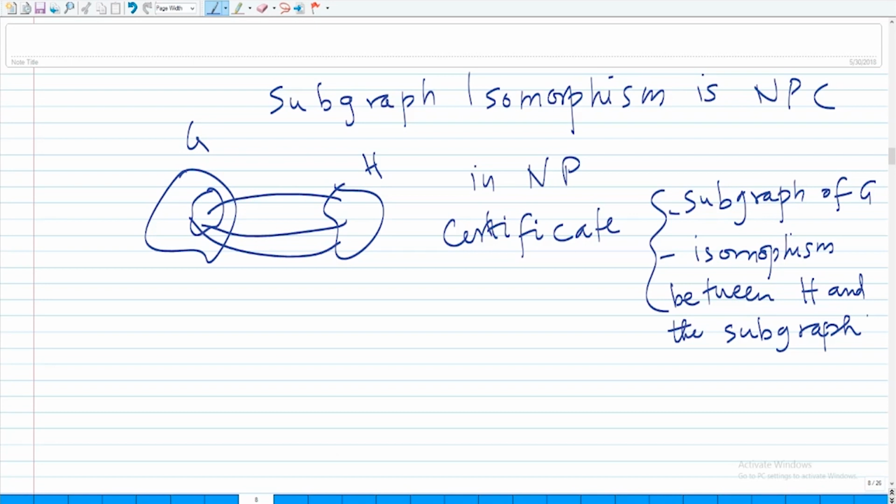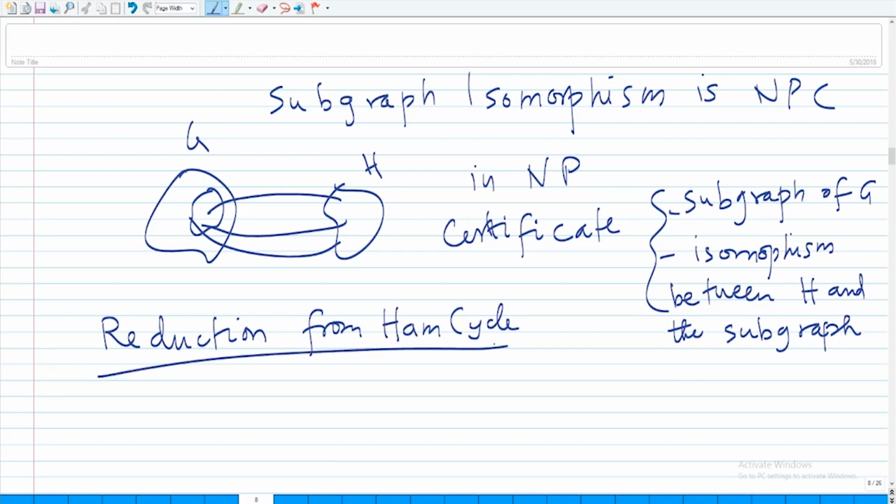How do you show it is NP hard? Reduction from Hamiltonian cycle. Okay. How do we show the reduction? We start from the Hamiltonian cycle problem to subgraph isomorphism. I want to give a reduction. How do we do reduction?